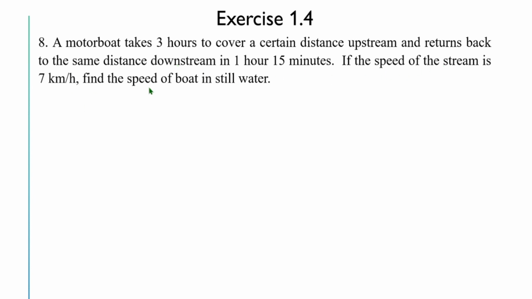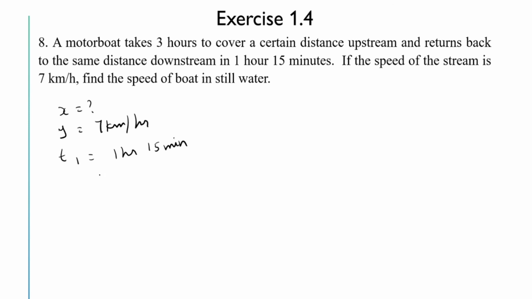We have to find the speed of the boat in still water. So let us take the speed of the boat in still water as x. They have given y is equal to 7 kilometers per hour, that is the speed of the stream, and the time taken downstream t1 is given as 1 hour 15 minutes.